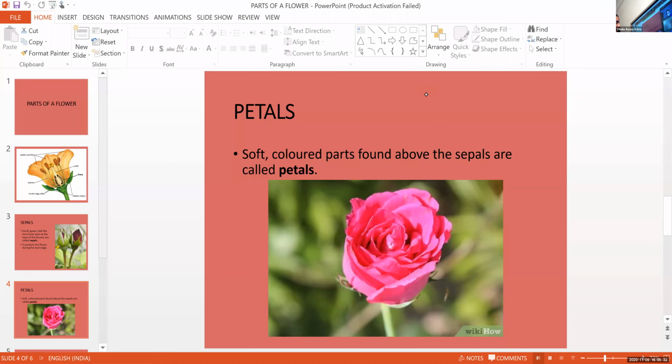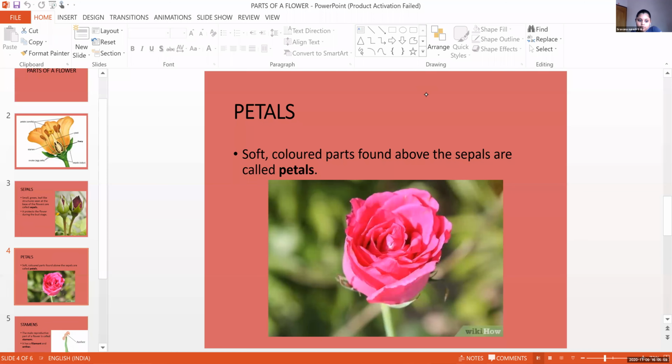They help to attract the bees and other insects that help in pollination or further reproduction of the plant. So the petals are the soft colored parts found above the sepals. That's a very simple topic, I know.